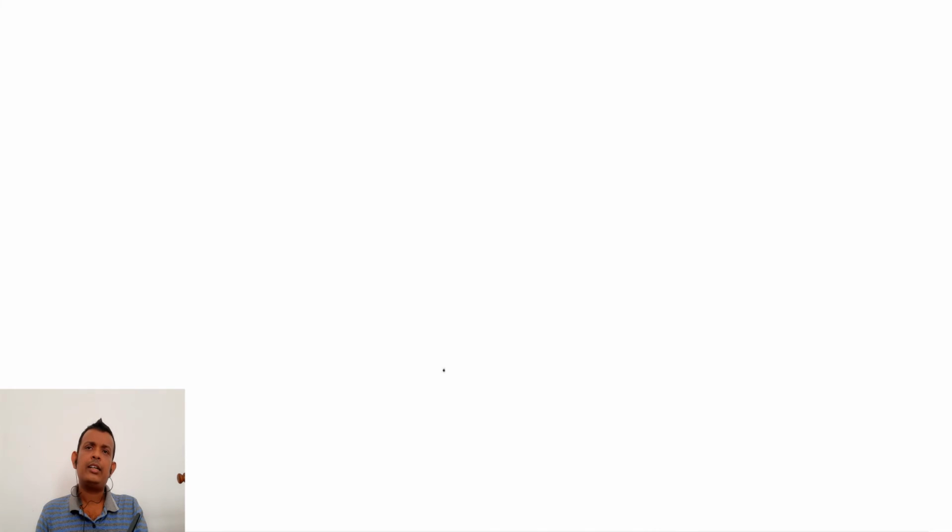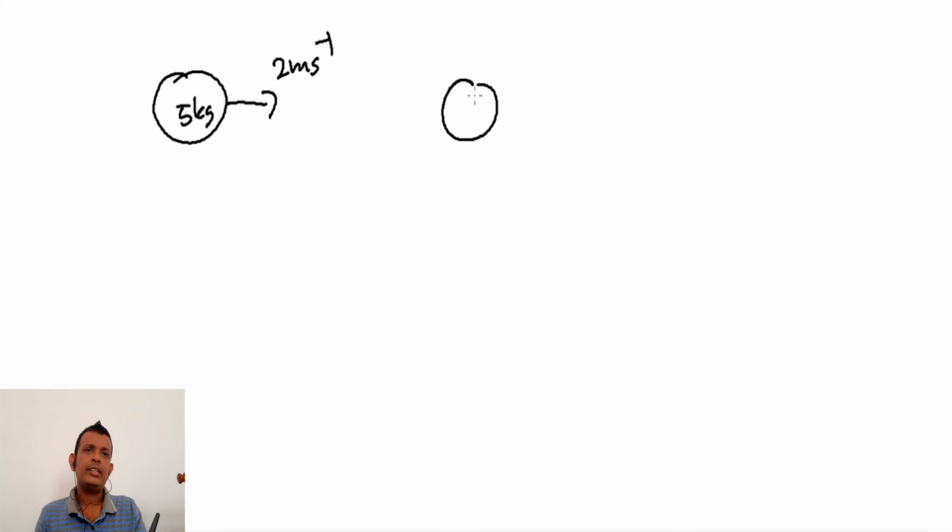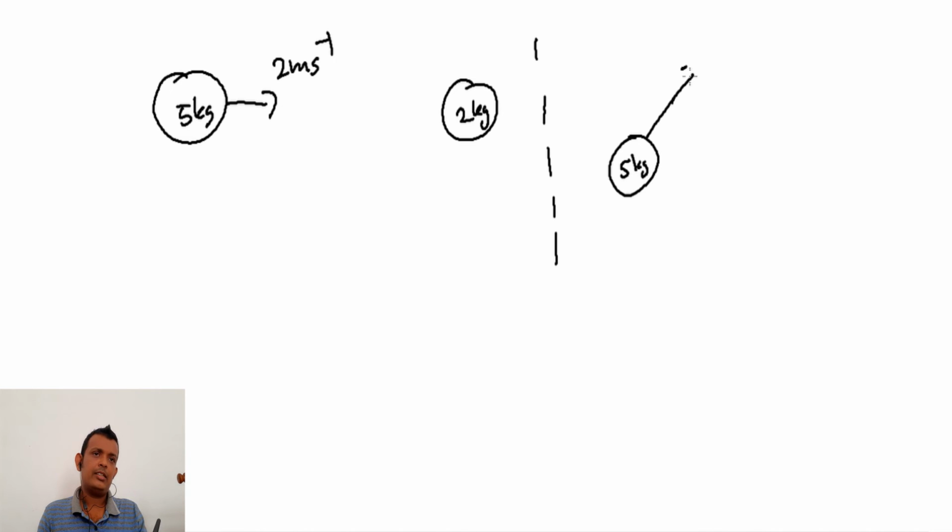Let me try with an example. I am taking a 5 kilogram object moving with a speed of 2 meters per second that collides with a 2 kilogram object. After the collision, the 5 kilogram object moves with velocity v1 and the 2 kilogram object moves with velocity v2.